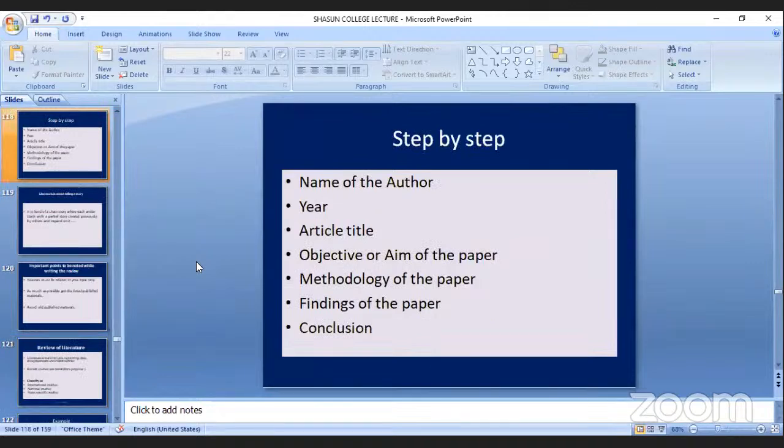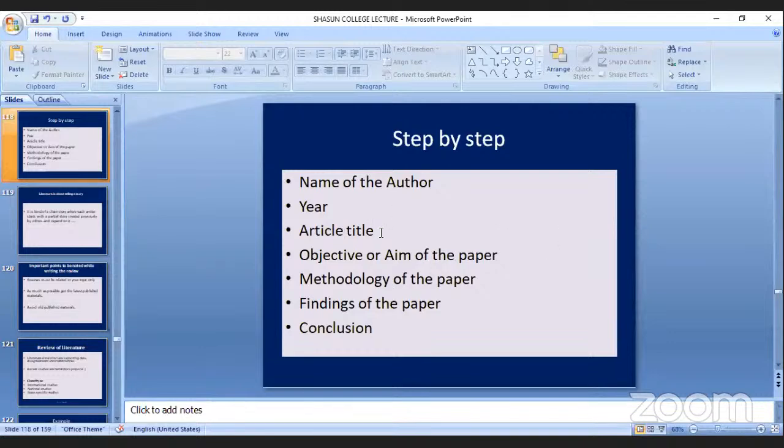Step by step, this is how you can write the review of literature. You take a paper on the same topic, gender gap, that has been published by someone, say for example Agarwal. First you write the name of the author, Agarwal, year 2020, article title, say, gender disparity in Mumbai.